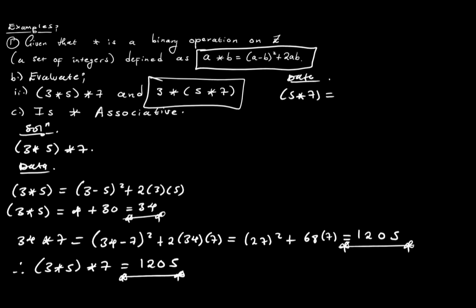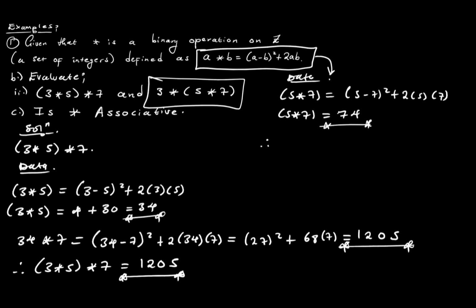Using the operation, that means I will have 5 minus 7 squared plus 2 times 5 times 7. And 5 star 7 is going to give me a value of 74. Now that I have 5 star 7, I can operate the value of 5 star 7 onto 3.